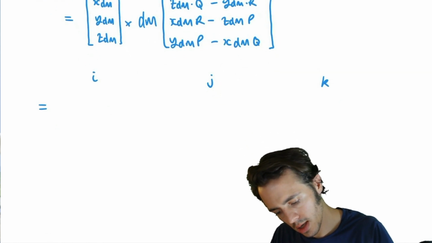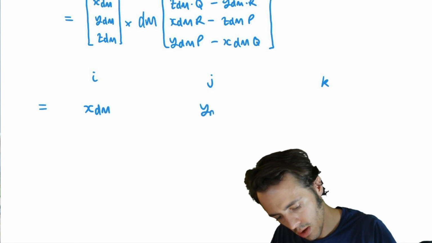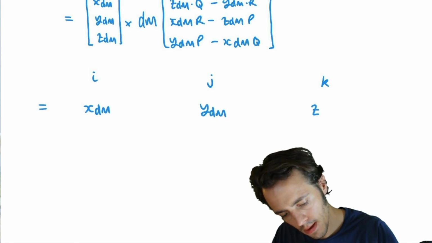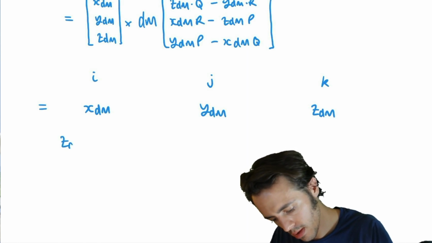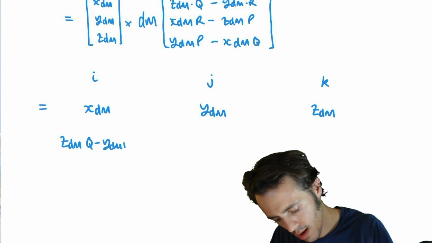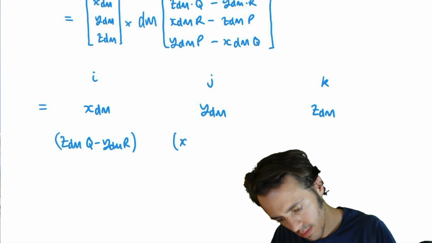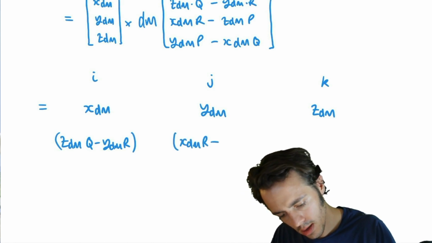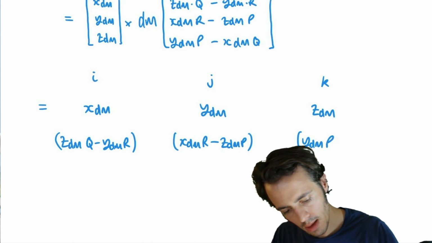So our first terms are x dm, y dm, z dm, and then on the bottom I've got z dm q minus y dm r, x dm r minus z dm p, y dm p minus x dm q.